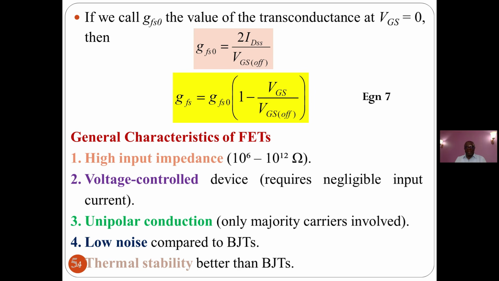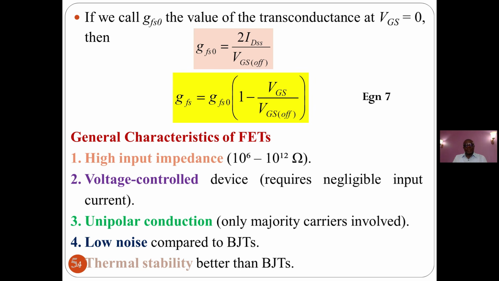What are the general characteristics of these field effect transistors that you will commit to mind, so that anytime you are talking about field effect transistors, you get to know this, and if you remember them, it will help you to keep remembering what field effect transistors are all about.